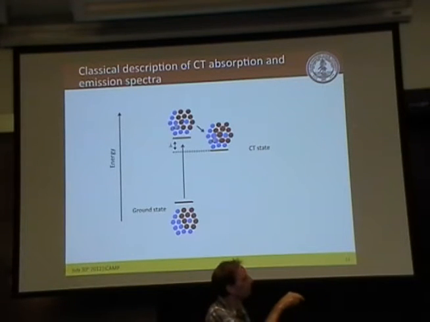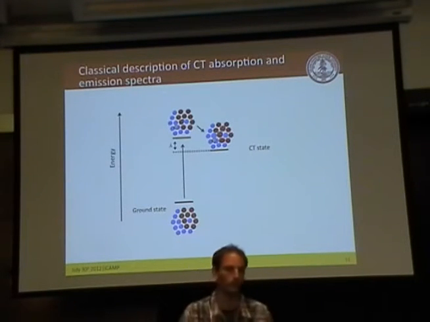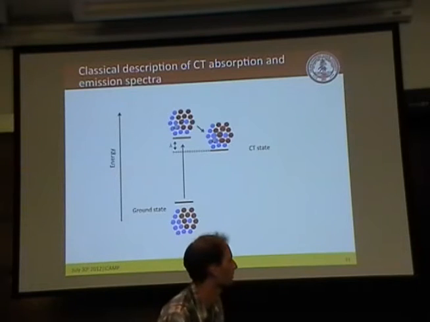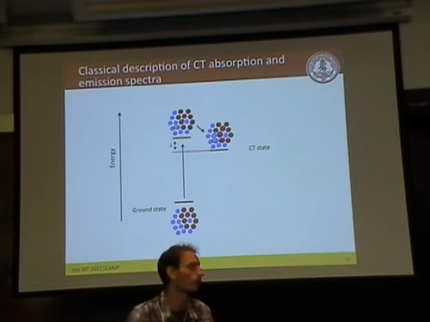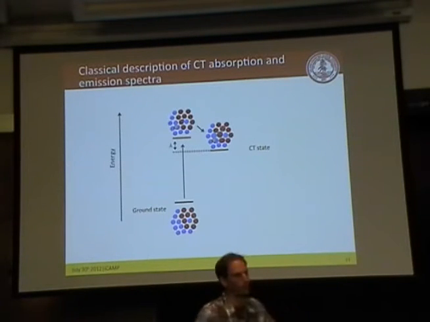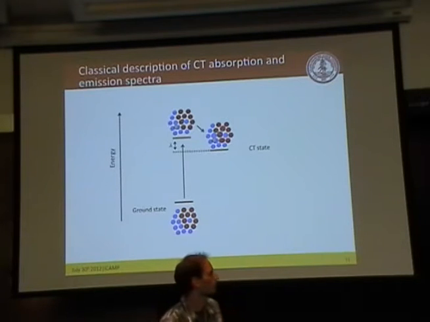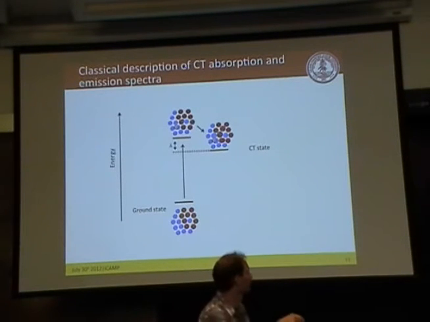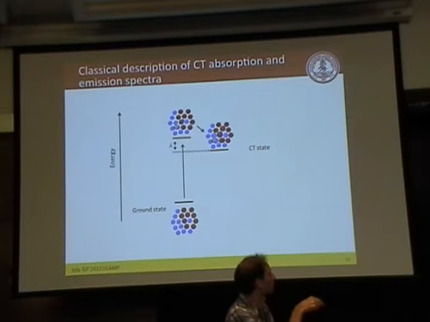I mean, the bonds of the fluorine taking the electron, they will change, they will get a bit longer. The environment might adapt to this charge, which all of a sudden appears in the material. This is what's called reorganization. This is what's called the CT state, or at least a relaxed CT state.